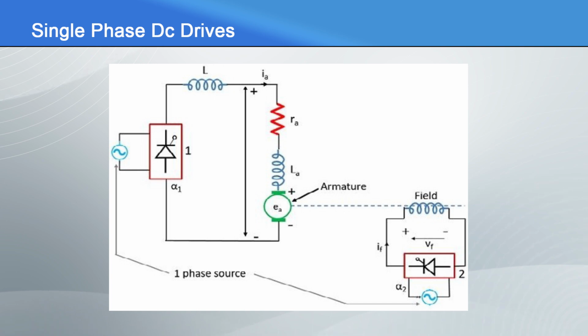Single phase DC drive. The figure demonstrates the general circuit arrangement for the speed control of a separately excited DC motor from a single phase source. The firing angle control of converter 1 regulates the armature voltage applied to the DC motor armature.